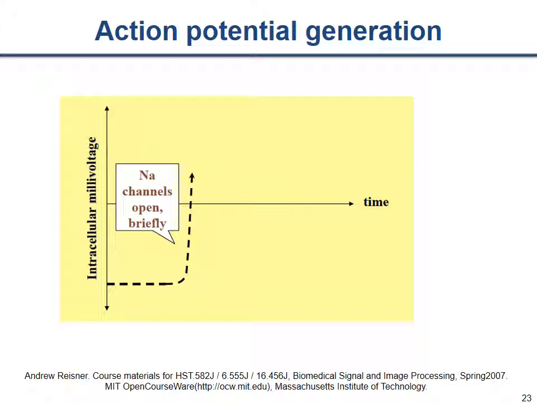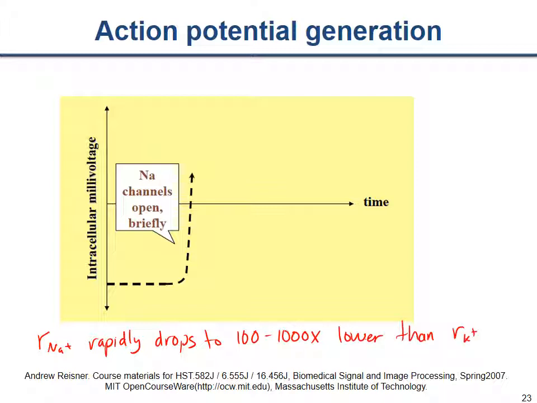Okay, so what we can say here is that R_Na+ rapidly drops to 100 to 1000x lower than R_K+ during depolarization.